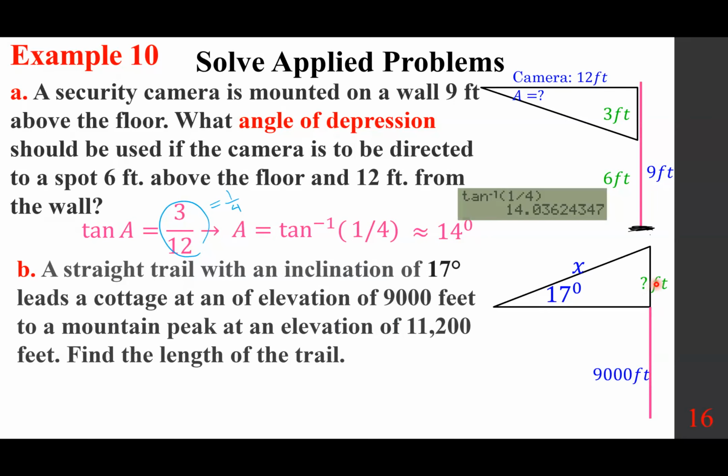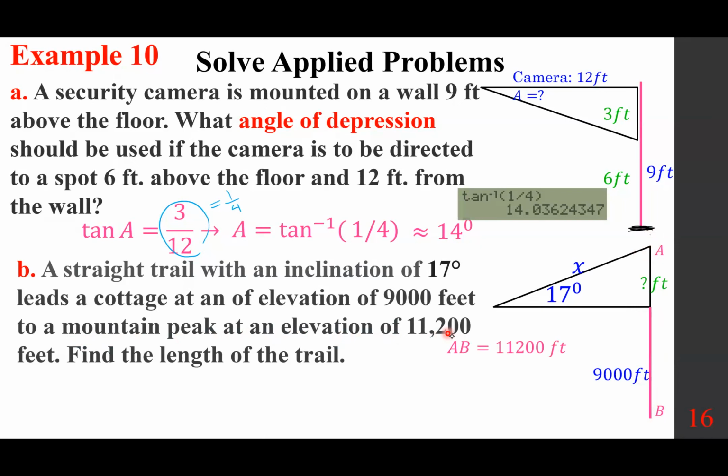This distance is of interest to us, where if we call the very top A and the very bottom B, this distance gives us the total elevation of 11,200 feet.